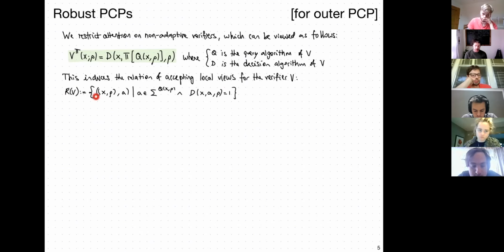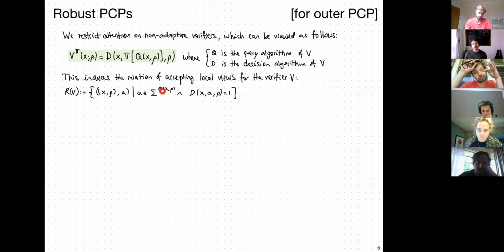So I'm saying, given an input X and randomness rho, this would be an accepting local view. This is just any possible assignment to the queries, to the local view that we want, that would make the decision algorithm accept, right? So that's a notationally accurate way of saying this is an accepting local view.